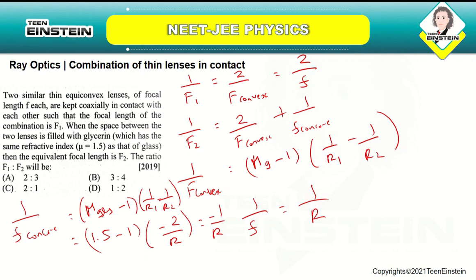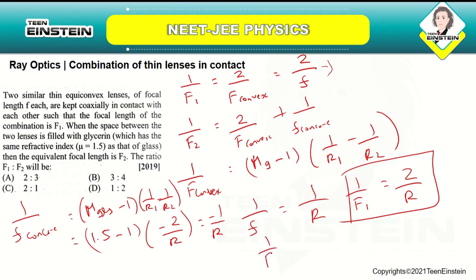Now you are going to substitute it. 1 by f1 is equal to 2 by r, because 1 by f is 1 by r.